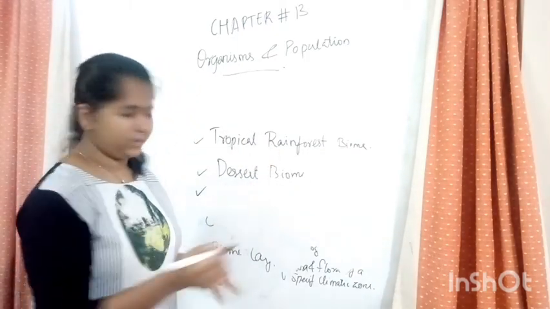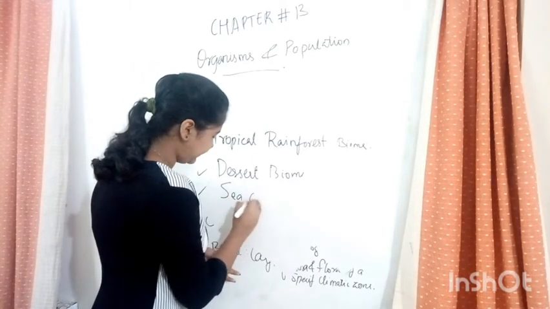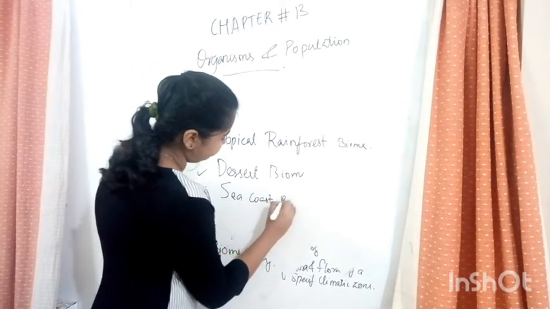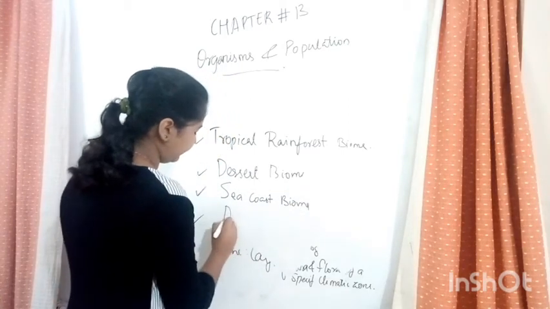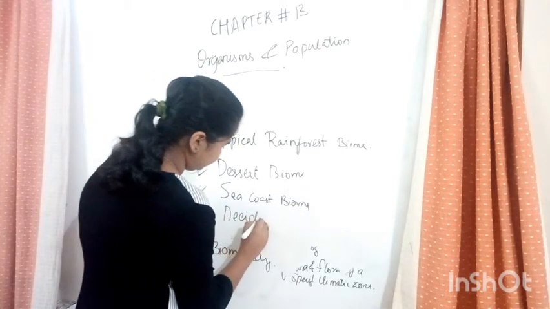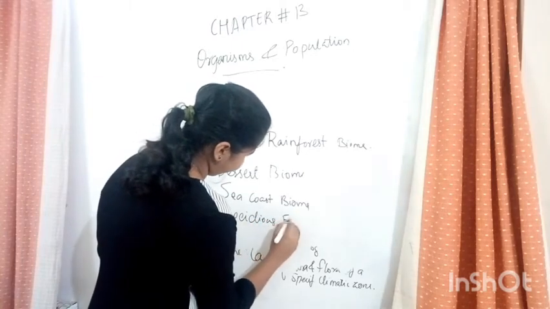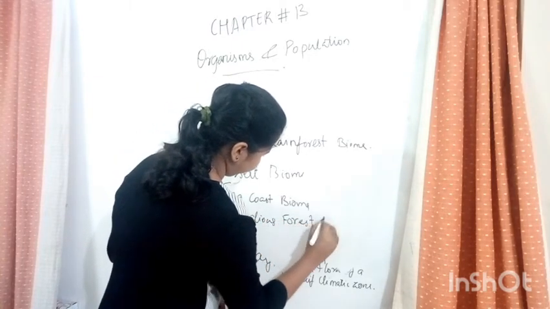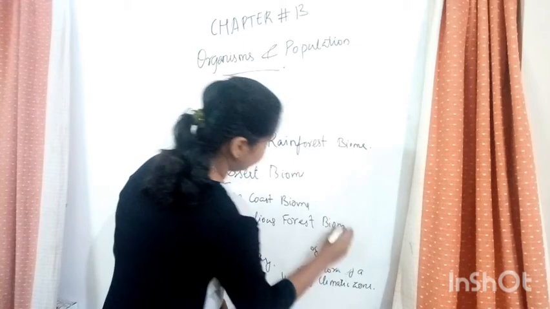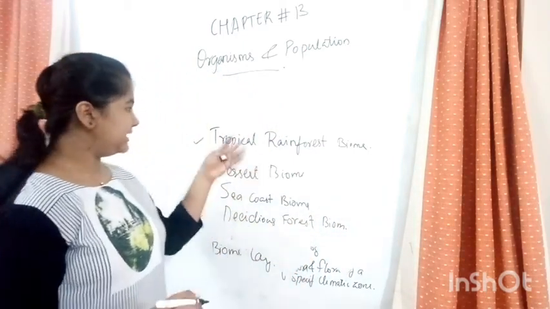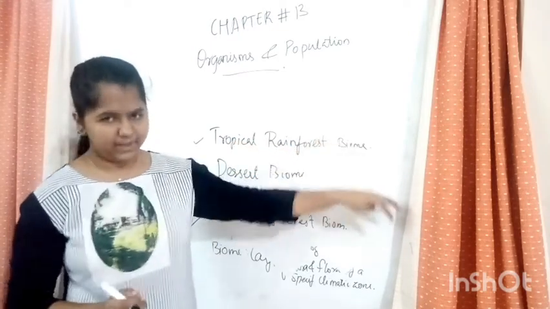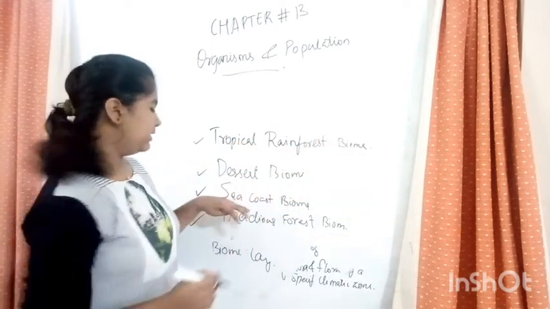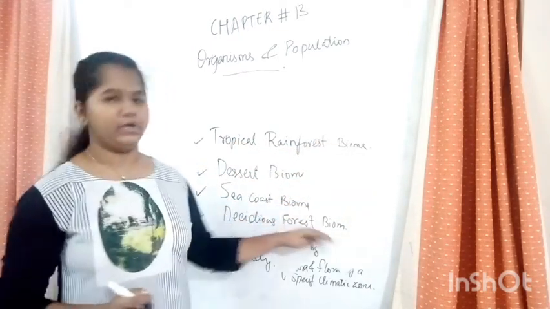Ocean or sea coast biome. Deciduous forest biome. And so on. So these four are examples that you have to learn: tropical rainforest biome, desert biome, sea coast biome, deciduous forest biome.